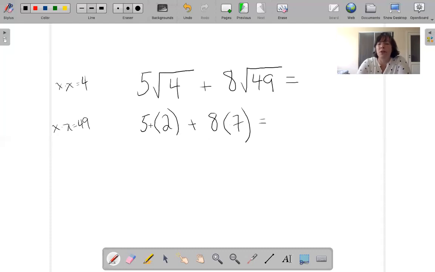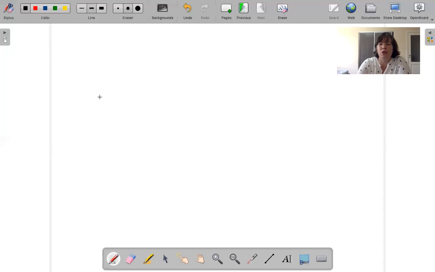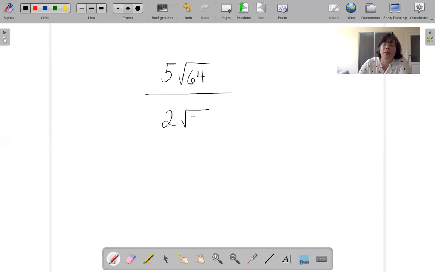I trust you can do that math, so I'm going to show you some more. How about 5 times the square root of 64 divided by 2 times the square root of 36. That's easy.